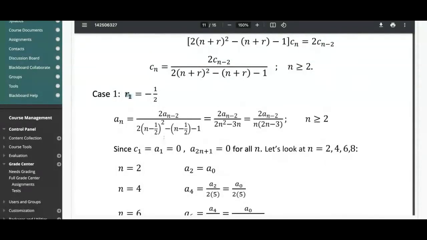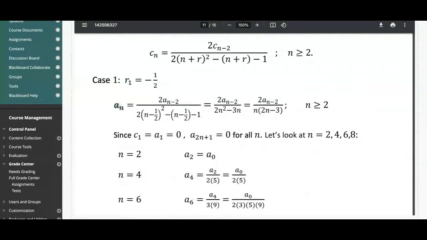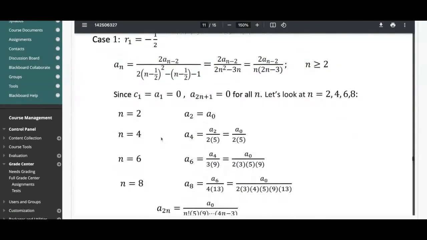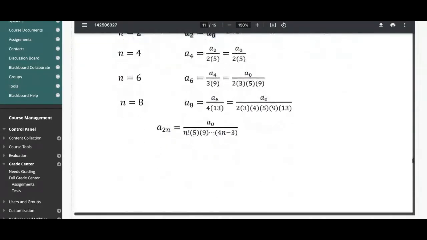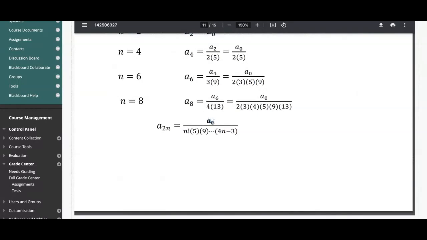So for R1 equals -½ we find AN like this. AN has a relationship with n-2. So AN can be represented with AN-2 with such scalar 2 over n times 2n-3. Right, then we just evaluate some of these A's, try to find a pattern of it. In the end, we did find a pattern.